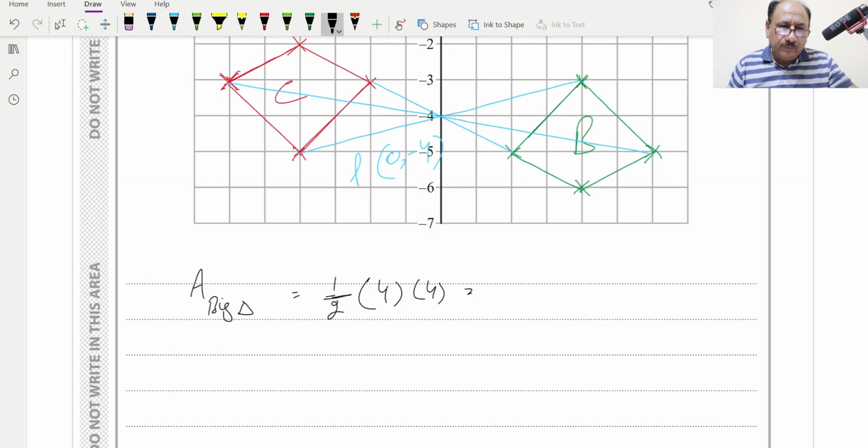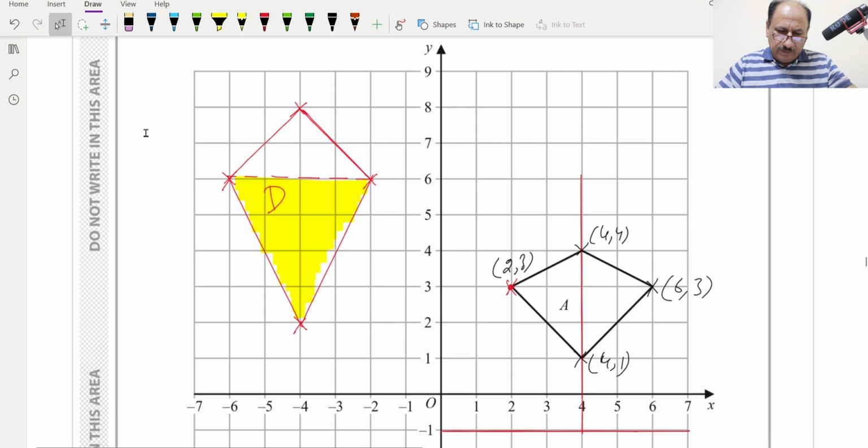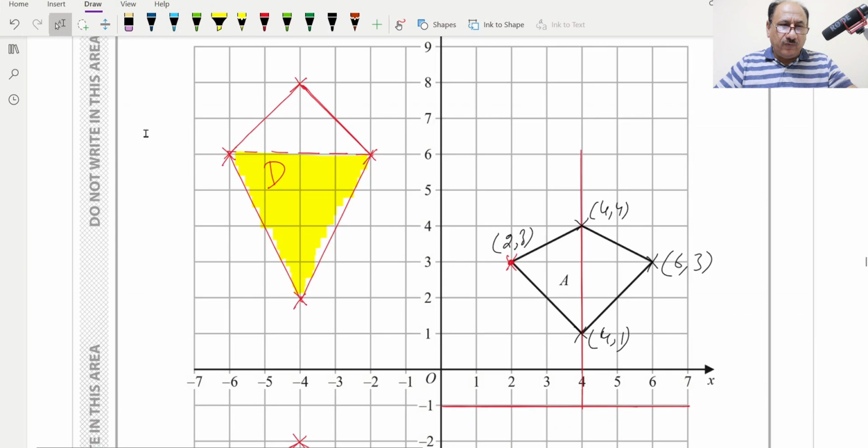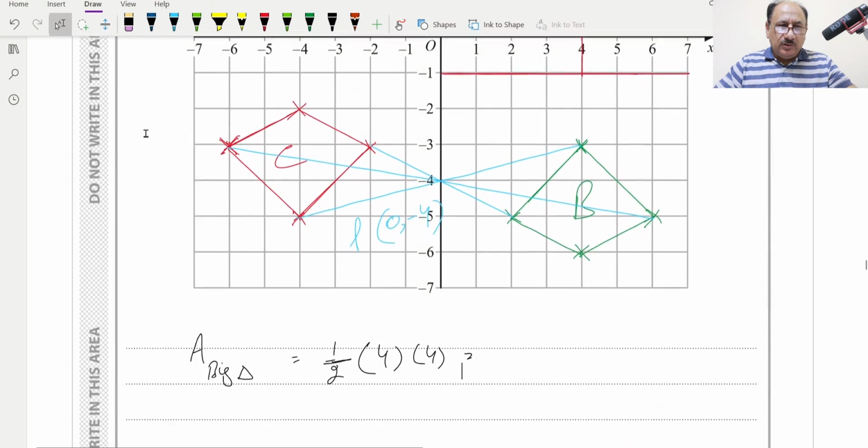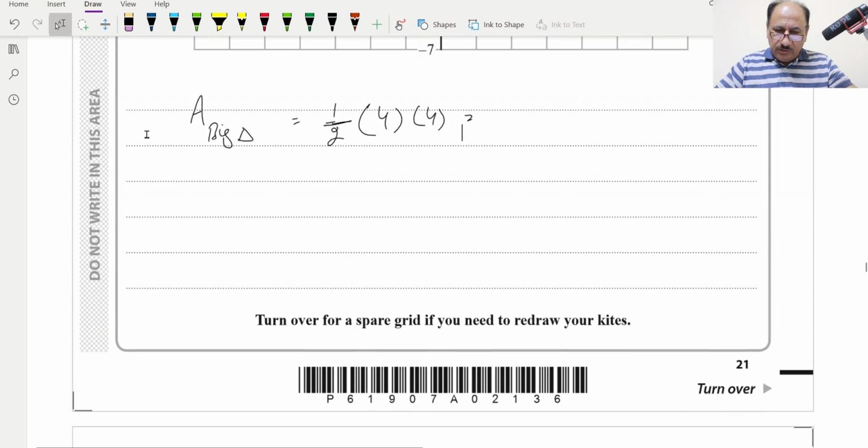Base is 4 units and height is 4 units, so this will be 4 into 4, which is 16. 16 divided by 2 will be 8.